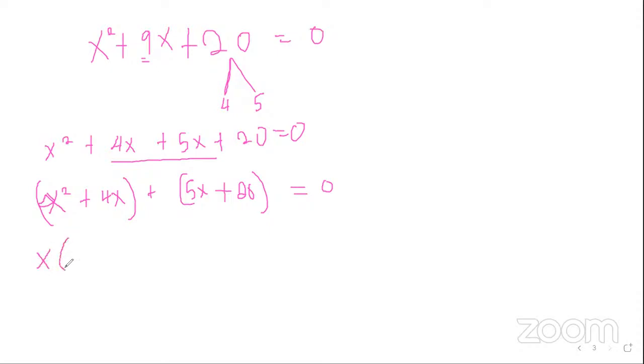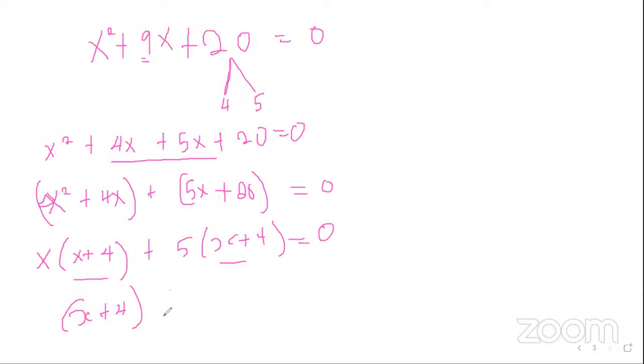We pull x outside. What remains on x squared? x. What remains on 4x? 4. Common factor in the second bracket? 5. What do we remain with? x plus 4. So x plus 4 is common, and then x plus 5 is equal to 0.